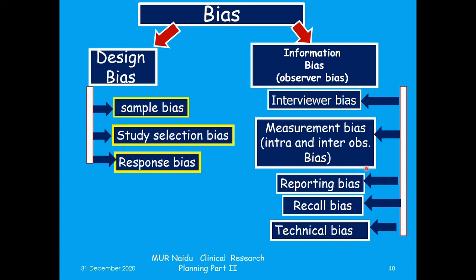Then reporting biasness. A particular data has come, but when it is reported, it was reported wrongly into the case record form. Recall bias. Then the last one is technical bias.